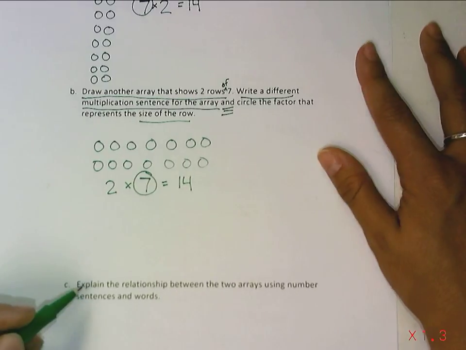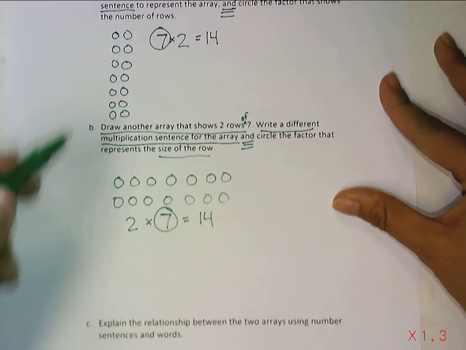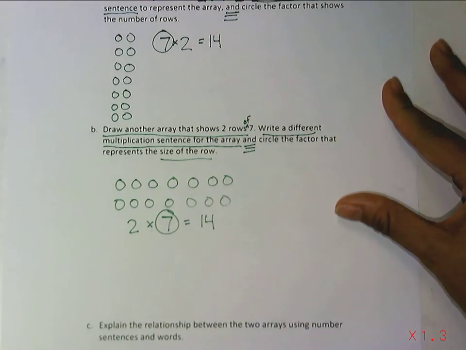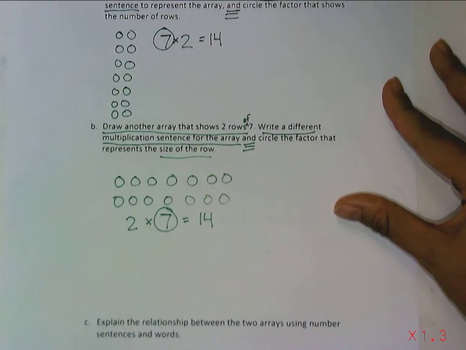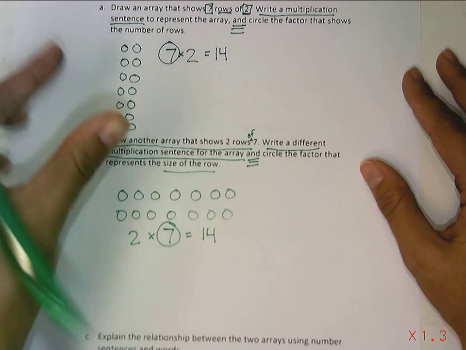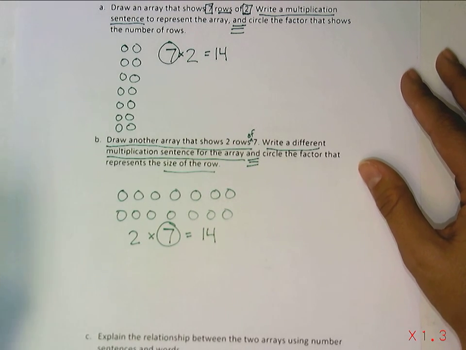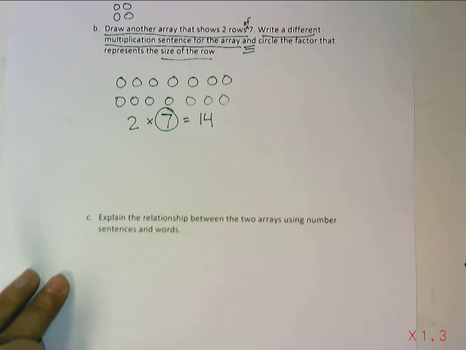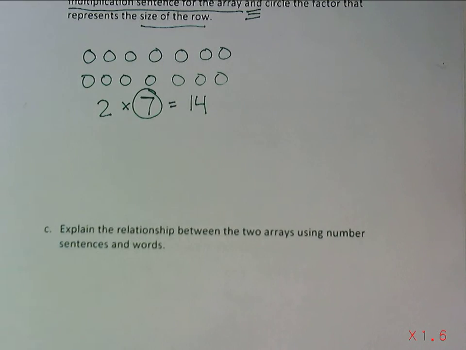I hope that you had a chance to notice that these two arrays are representing the commutative property, because the commutative property is showing factors that just switch places and trade meanings, but they have the same number in their arrays.